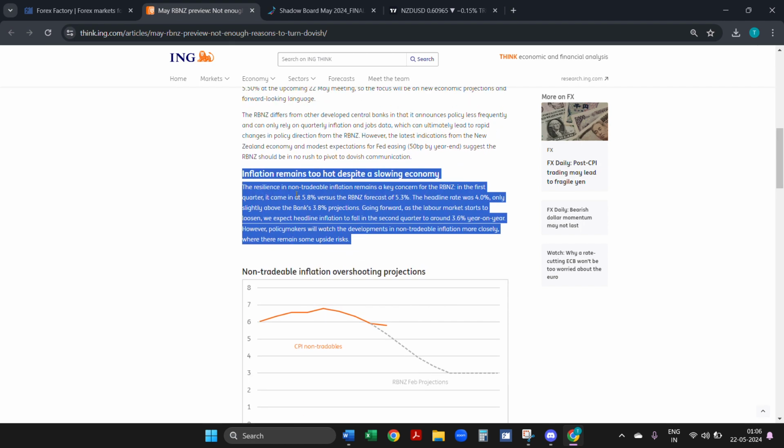So here we can understand the New Zealand Reserve Bank is quite concerned about the slowing economy and the labor market too.